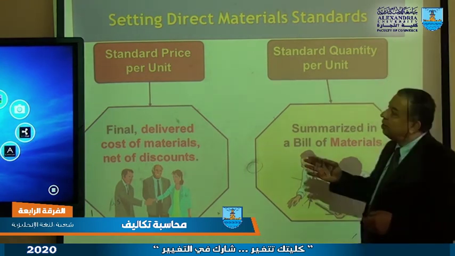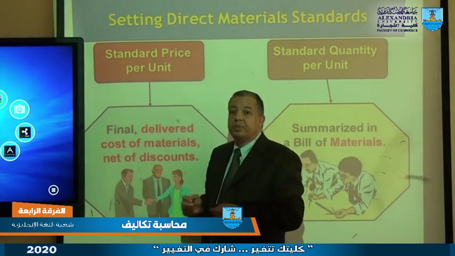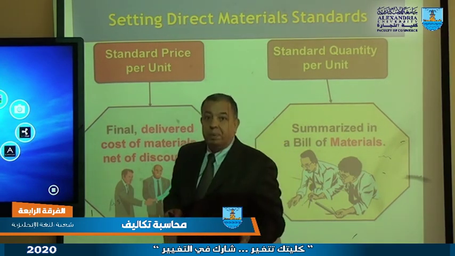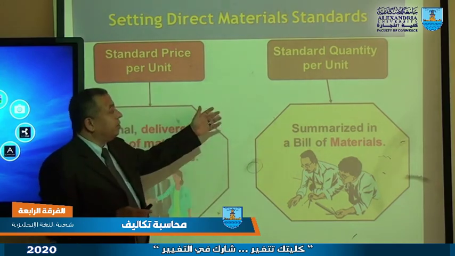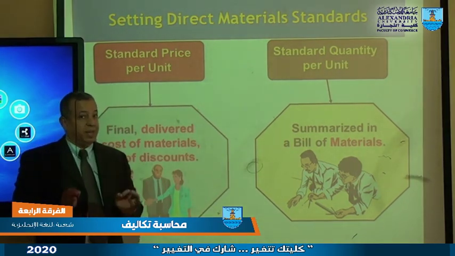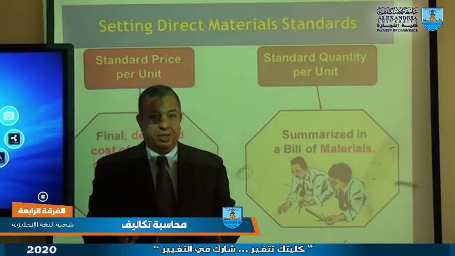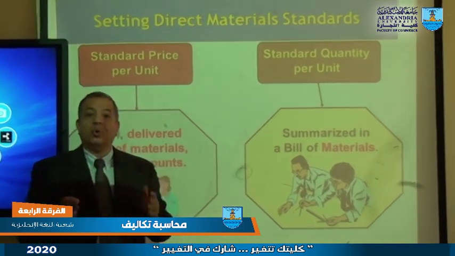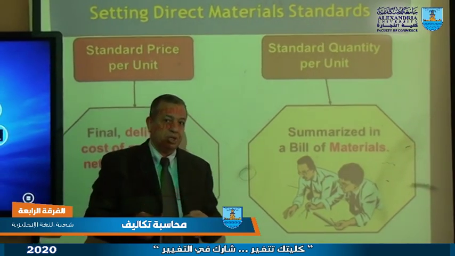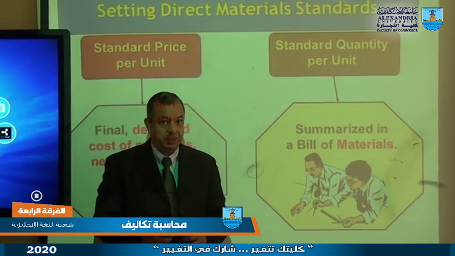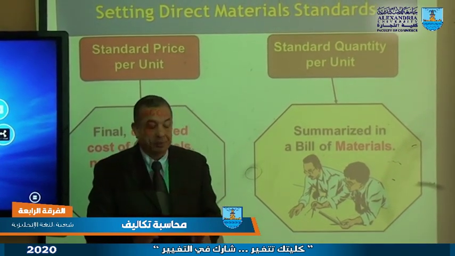And the second, we set standard price per unit. After setting the standard, don't forget again, when we set a standard, we set standard per unit. This is our problem. But when I analyze my variances, I speak about my actual production, not per unit.